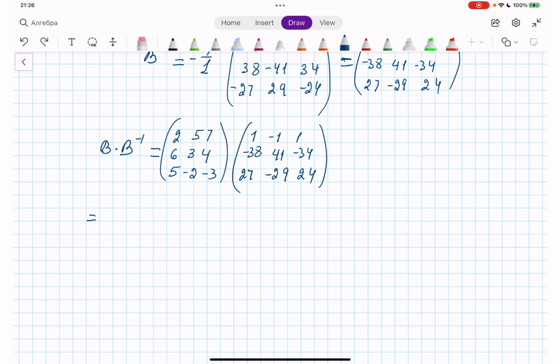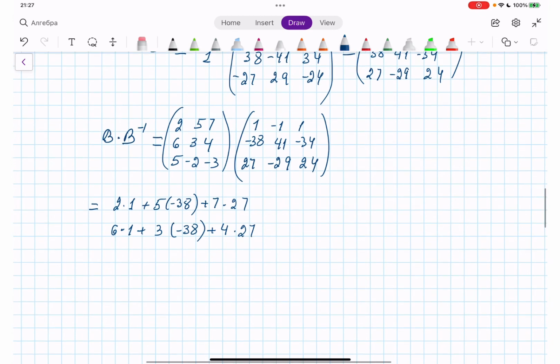Okay, so we have 2 times 1 plus 5 times negative 38 plus 7 times 27. The second row is going to be 6 times 1 plus 3 times negative 38 plus 4 times 27.